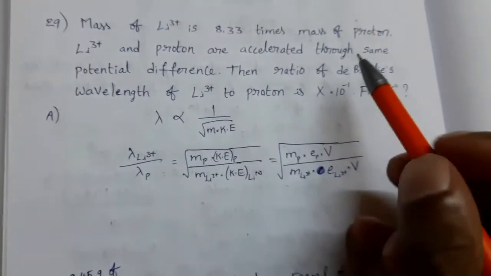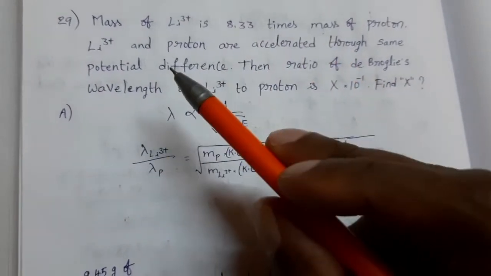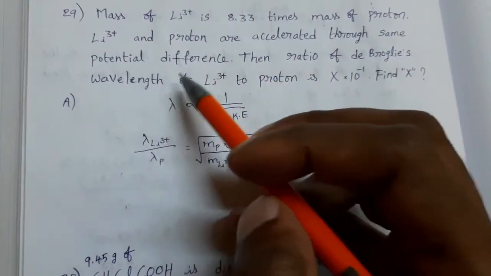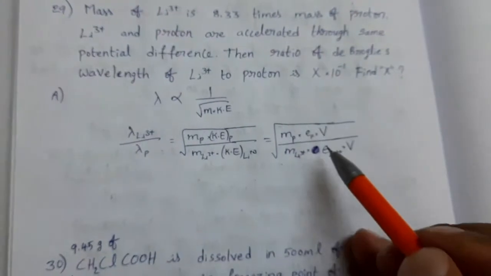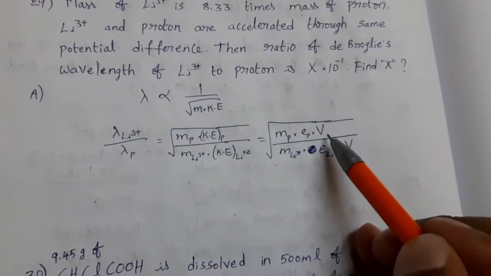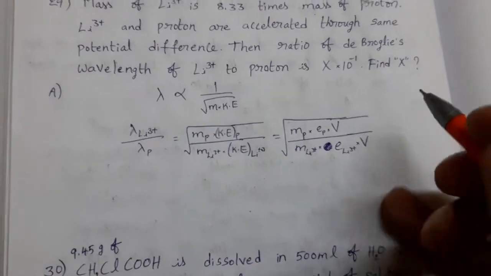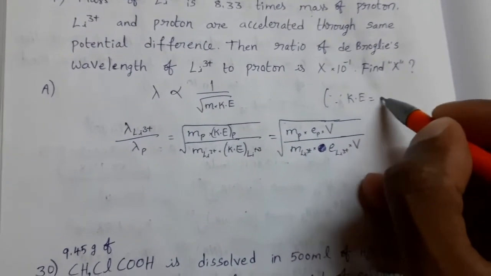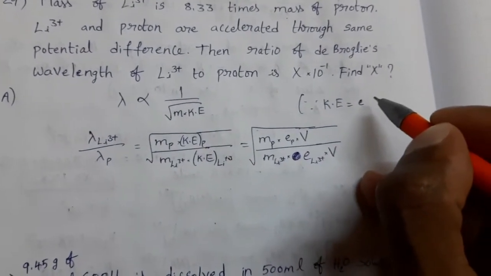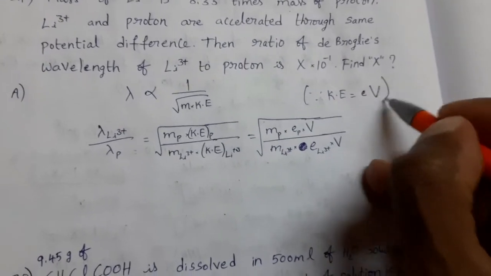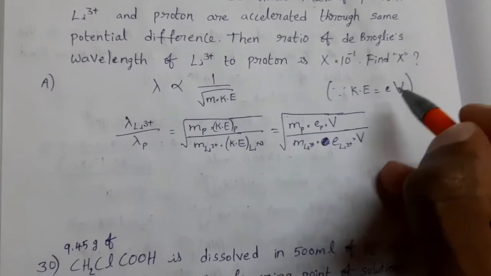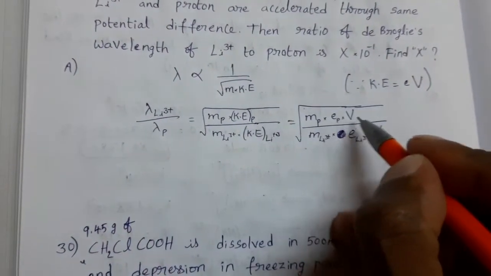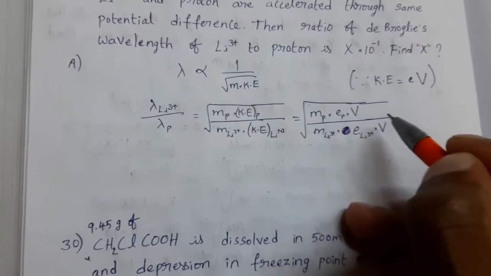Here both the ions Li3+ ion and proton are accelerated through the same potential difference. Let the potential difference be V. Already we know that kinetic energy equals charge into potential difference, so eV. From this we can write, in place of KE, we take these two.